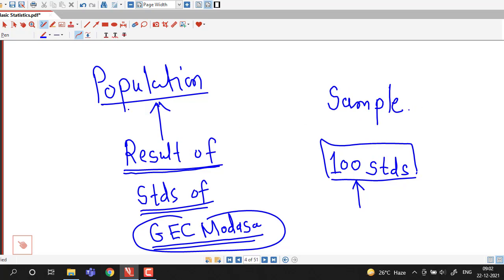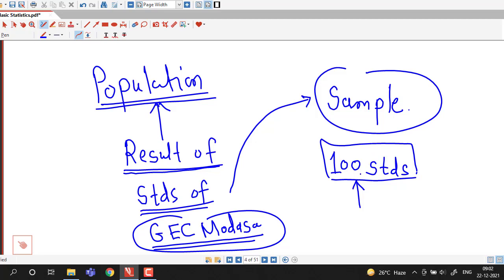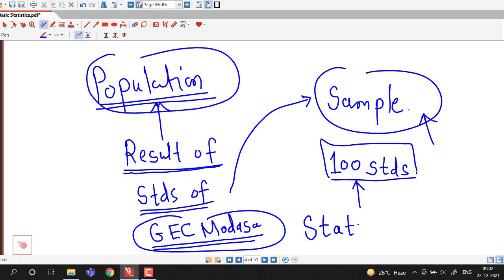So instead of studying the population, we can draw some sample from this population, study the result of students in this sample, and from this study draw a conclusion about the result of this whole population. This type of study is known as statistical inference.